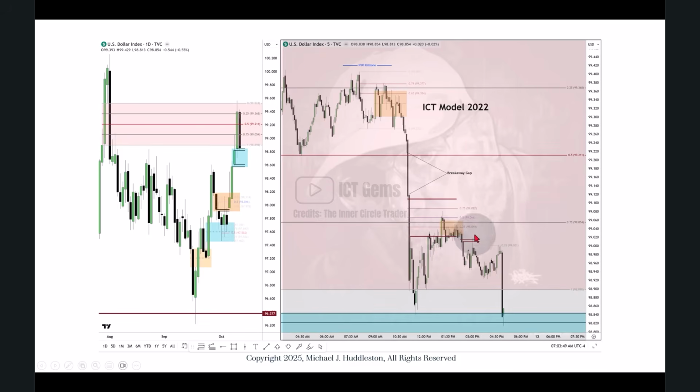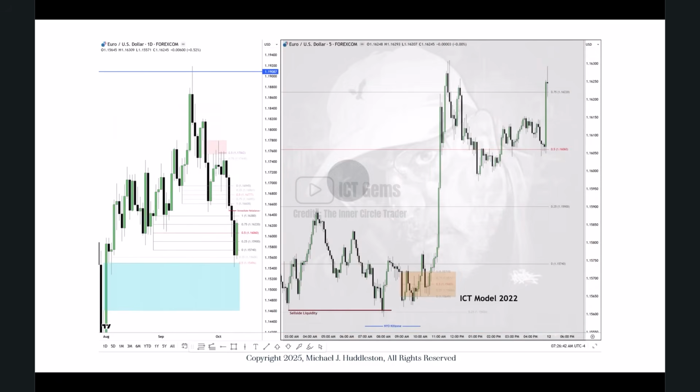And we have a volume imbalance there, trades up into before it gives up the ghost. Inversion fair value gap right here as well, trading at its consequent encroachment, halfway point, breaks, comes right back up into a volume imbalance, trades lower, lower quadrant, perfect delivery, and trades down to that volume imbalance on the daily chart right there. Moving on to Euro Dollar, just pretty much the opposite.